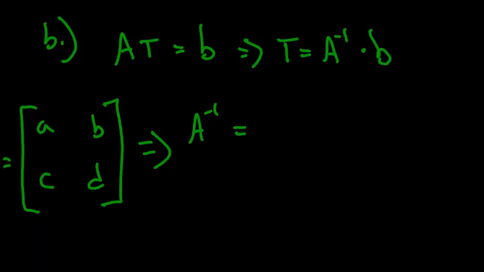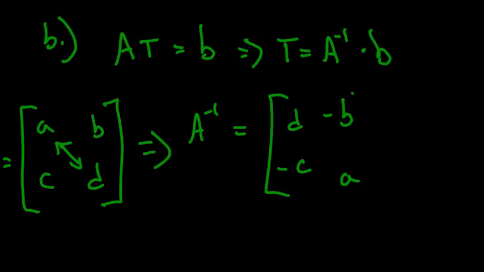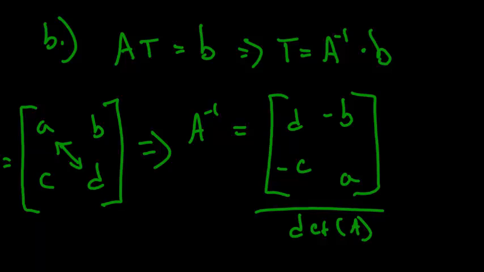We would then rewrite this now as the inverse as A times, nope, it would be D, you flip these two, and you switch the signs on B and C. So it would be D, A, minus B, minus C, over the determinant of A. And this is your equation for the inverse.